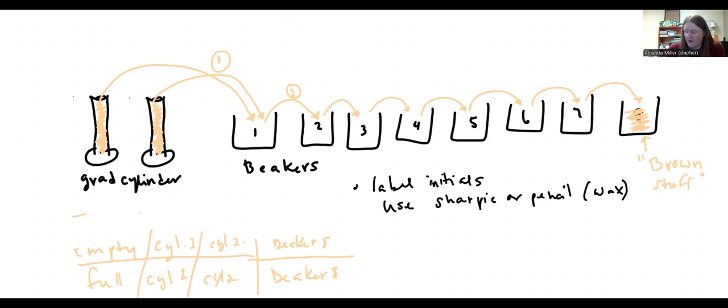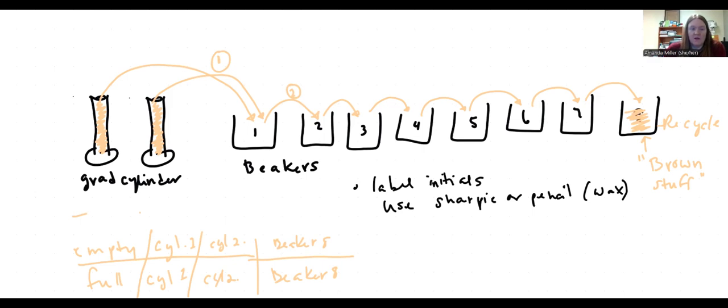It's kind of hard. The color is brown or orange depending on how thick the glassware is. We're going to recycle that. So we're not going to put anything into that container number 8 other than the iron chloride, and then that's going to get dumped into the bottle that's marked brown stuff. The rest of these, 1 through 7, are going to be used for experiment purposes.